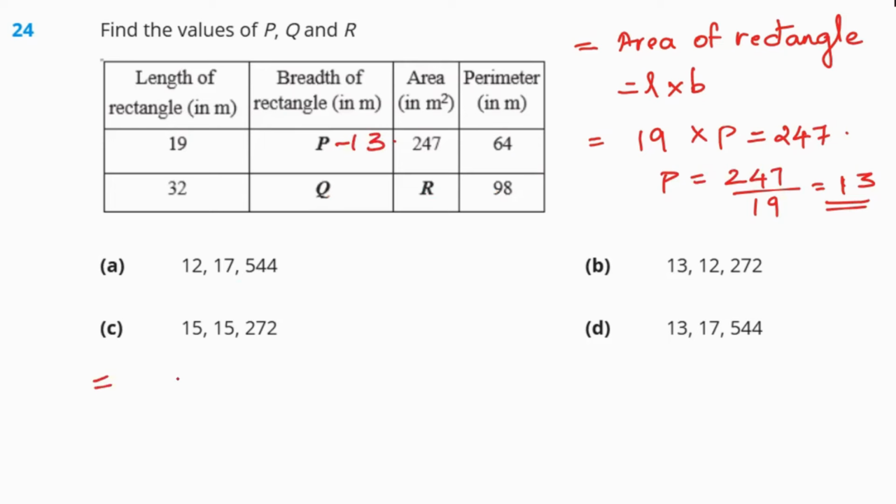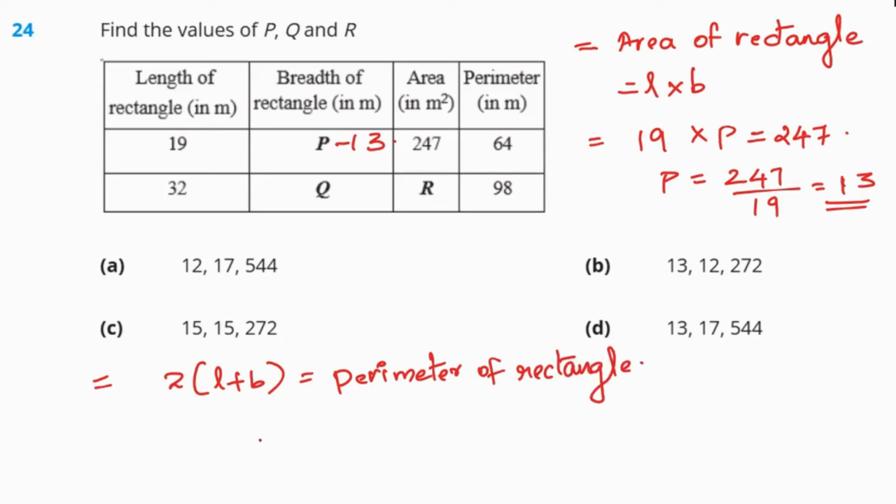The formula for the perimeter of a rectangle is 2 into L plus B, which is equal to 2 into L plus, and the breadth is Q. We don't know it, we have to find it. It's equal to 98.